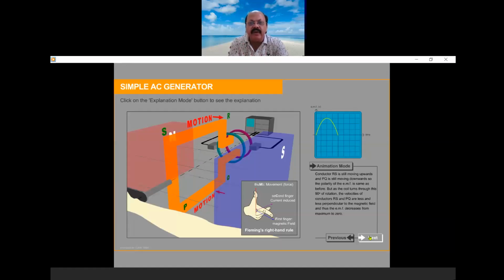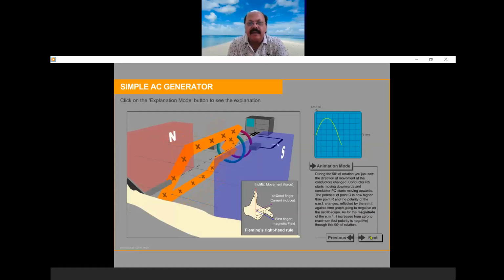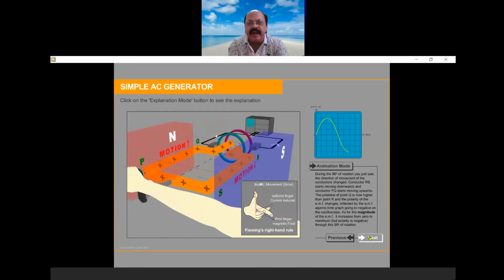Now we rotate it to 3/4 of the time period, that is 3T/4. Then during this 90 degrees of rotation, you just saw the direction of movement of the conductors changed. Now conductor RS starts moving downward and conductor PQ starts moving upward.